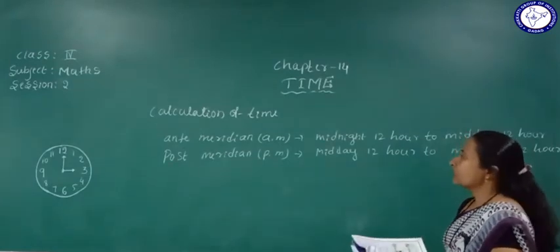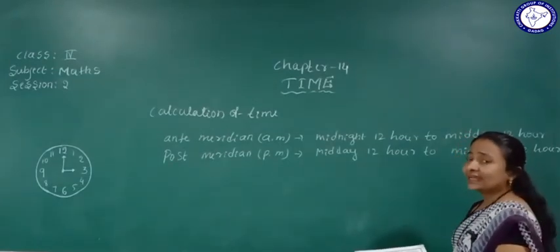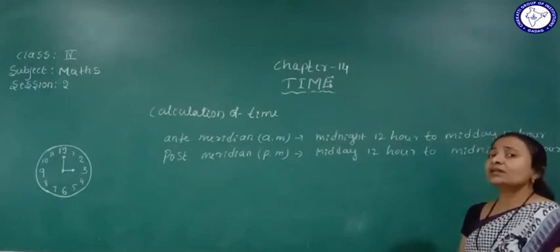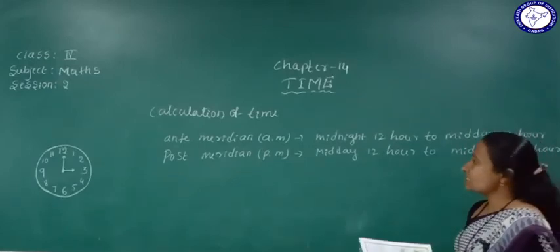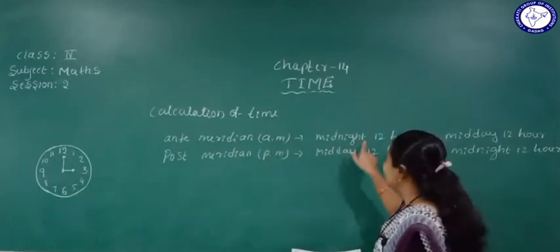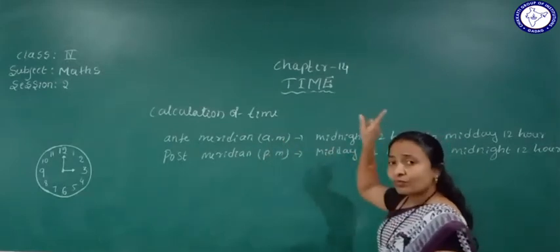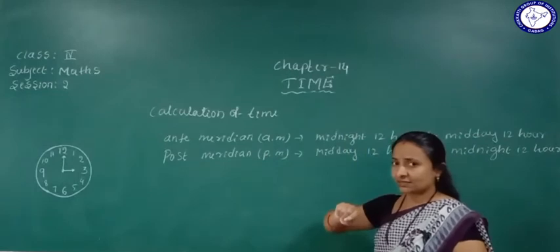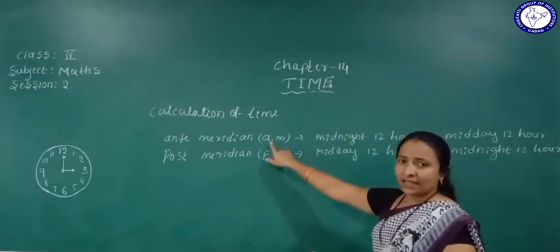Antemeridian means the time between midnight 12 hours to midday 12 hours, that is AM. From night 12 hours to morning 12 hours. Okay, so it is AM.